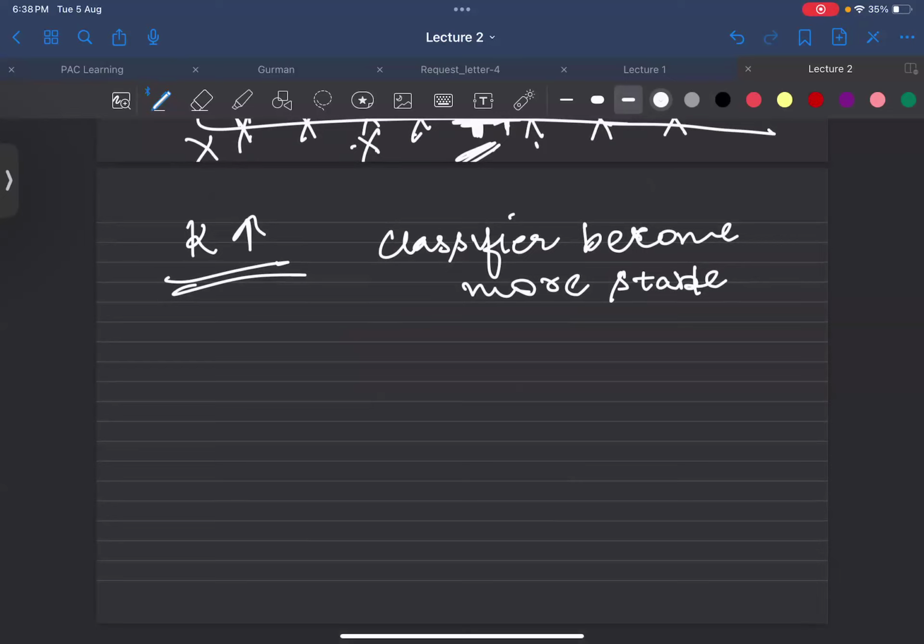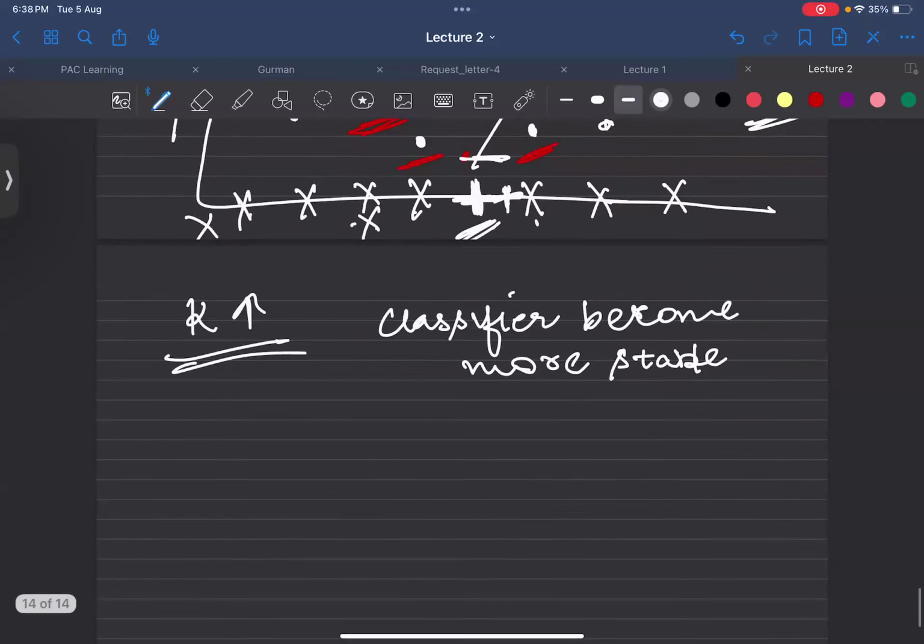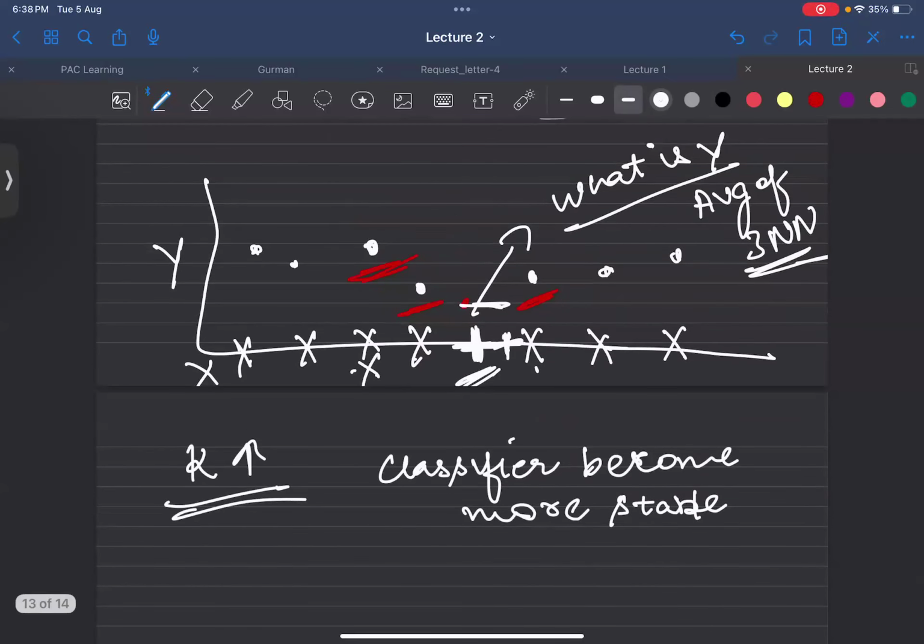Now, what can be the problem here in this case? Outliers can affect it. Okay, what do others have to say about this? Yes, one way of thinking is that the outlier affects the average. Others?